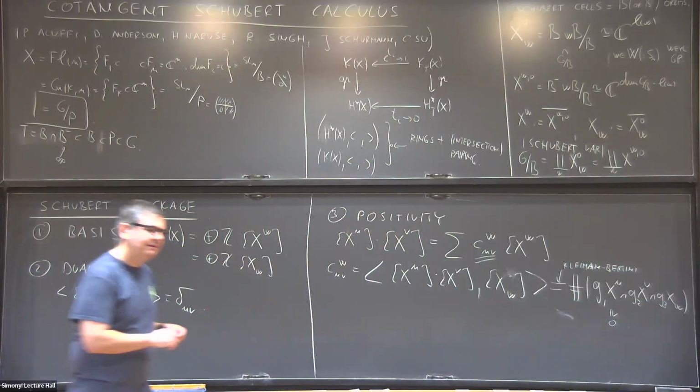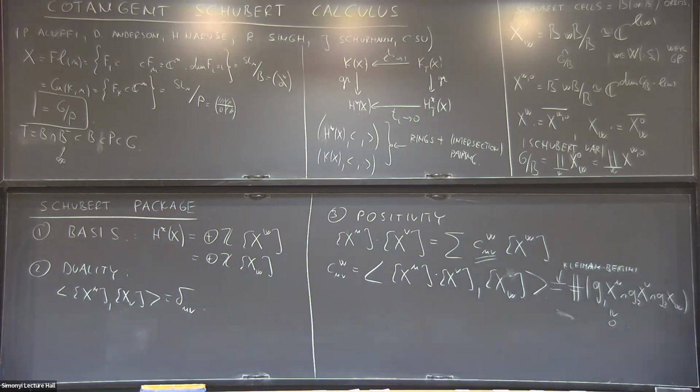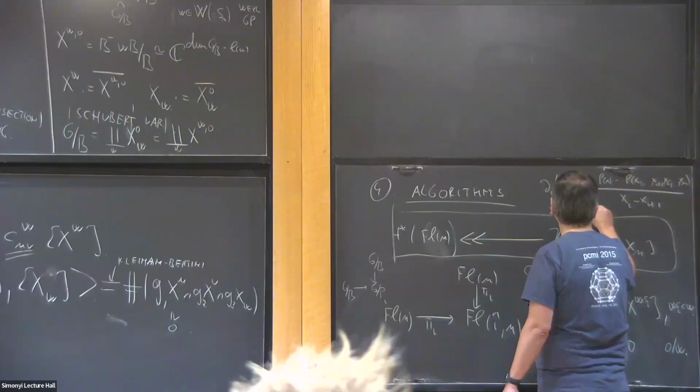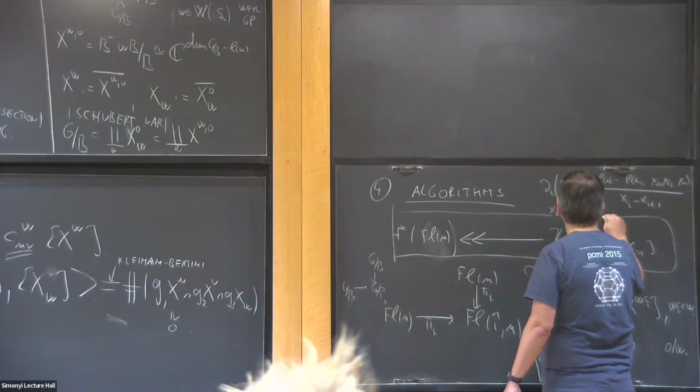Could you explain the surjection a little more concretely? Xi goes to the first Chern class of Fi over Fi minus 1.